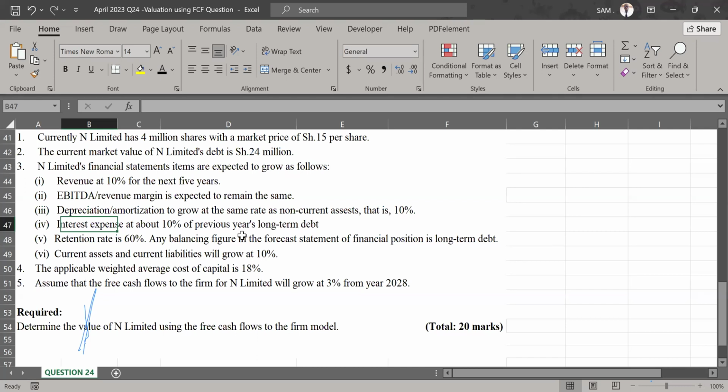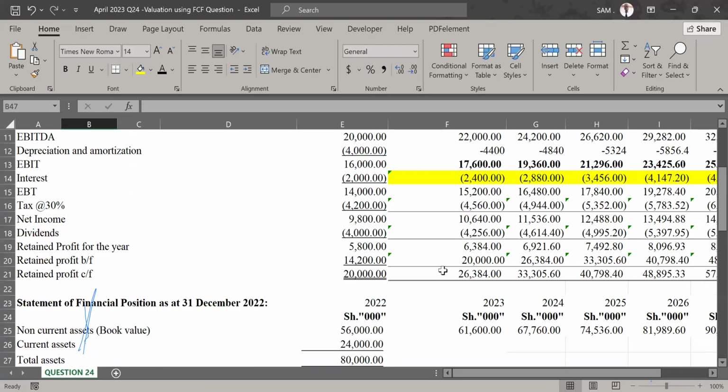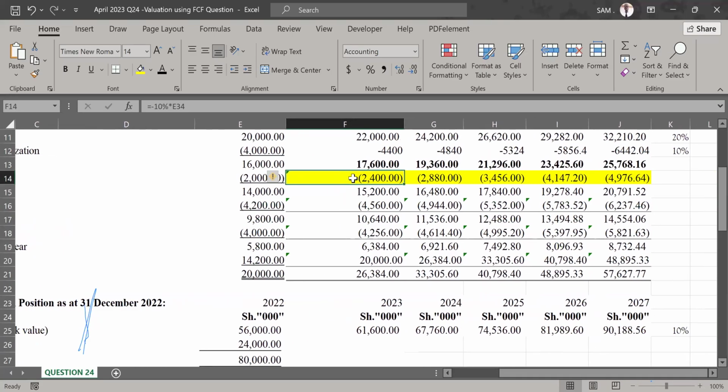So let's go to the interest expense and make sure it is 10% of previous year's long-term debt, just like that. So we go to our interest expense and it is 10% of previous year's long-term debt. And I believe the rate still remains the same.